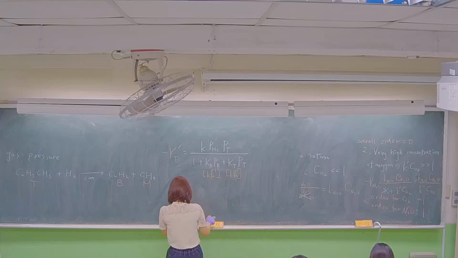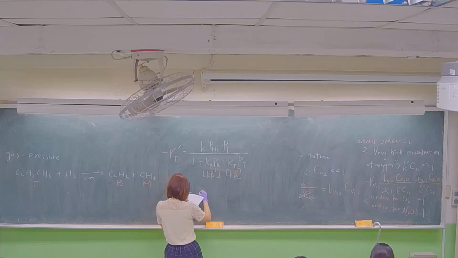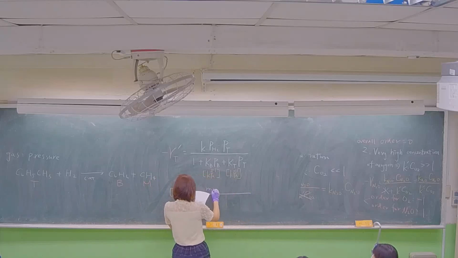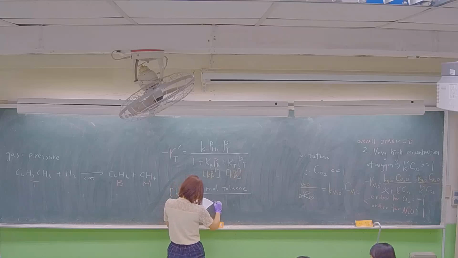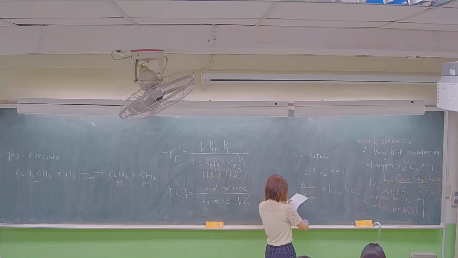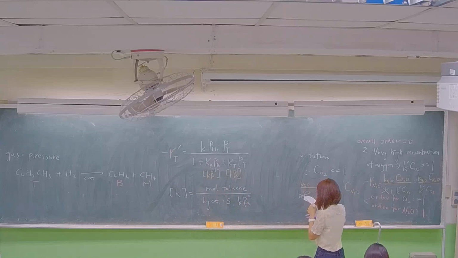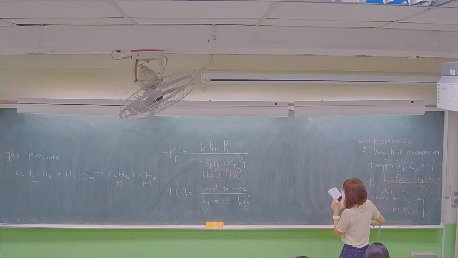I just want to give you the answer. The unit of the reaction rate should be mole of toluene over kilogram of catalyst times second times kPa squared. You can try to calculate it and find if your answer is the same as mine. If not, you can ask me.